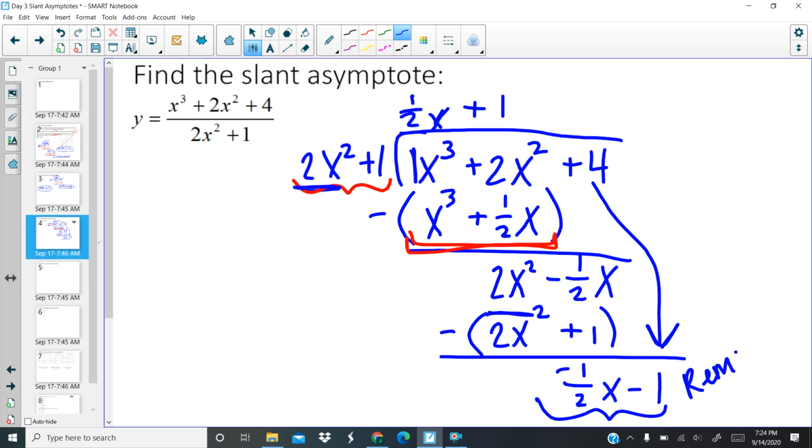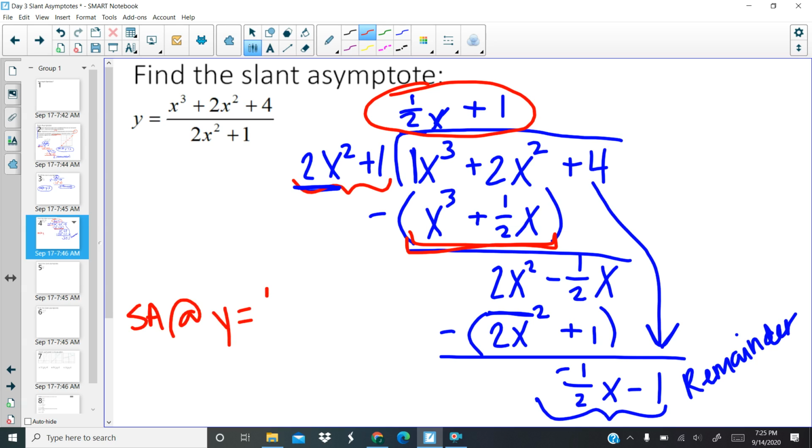And again, remainders don't matter. Not in slant asymptotes anyway. So then our answer in this case is going to be the 1/2 x plus 1. So you would have a slant asymptote at y equals 1/2 x plus 1.